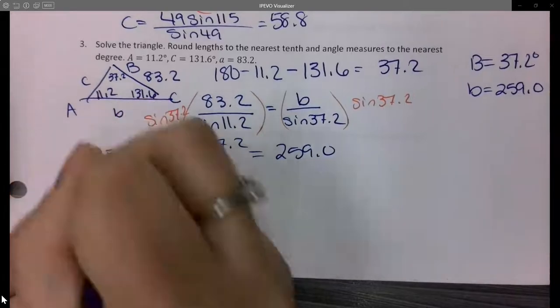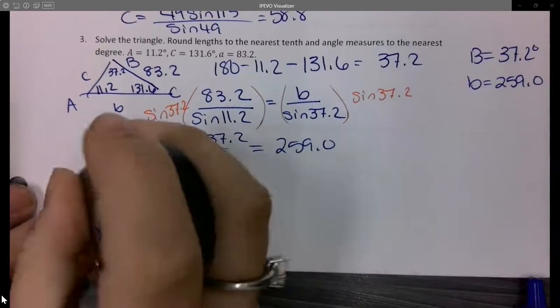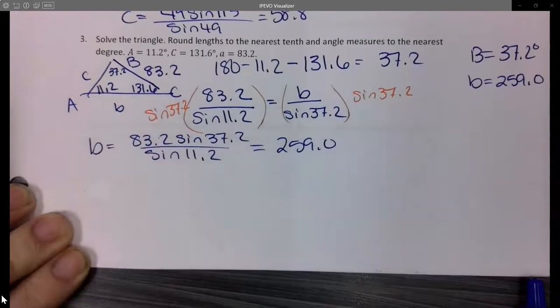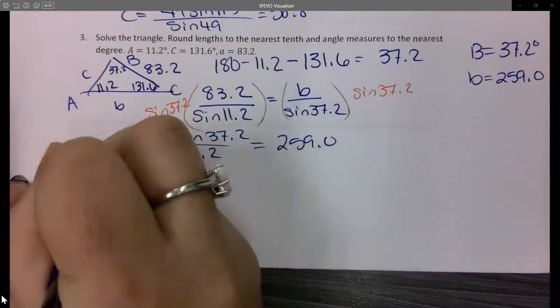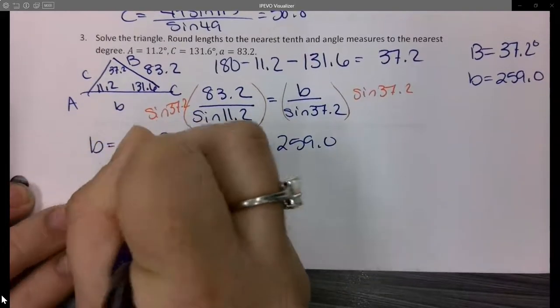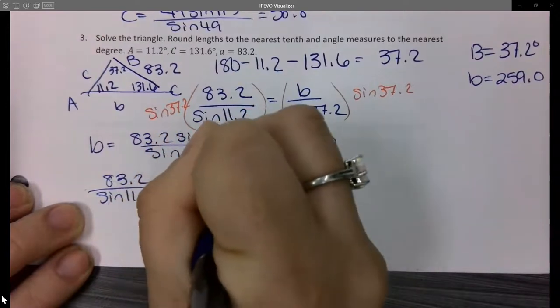Then I want to go ahead and do the same thing for C. I'm going to set this up. So I'm going to have the 83.2 over the sine 11.2 equals C over sine of 131.6.